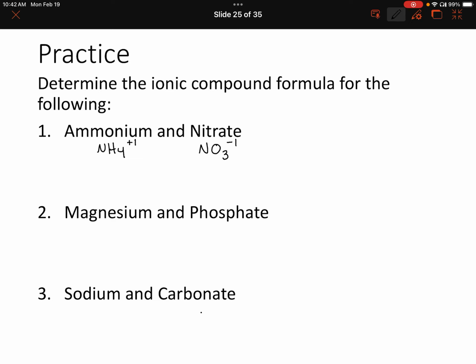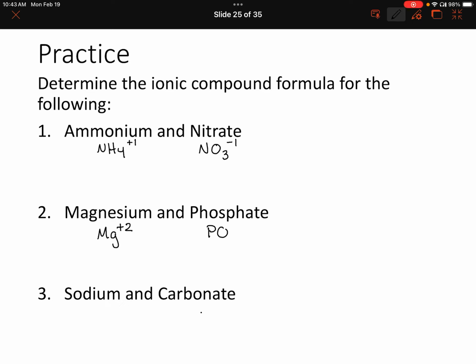Magnesium. What charge does magnesium have when it's an ion? So remember, magnesium is in column 2 or group 2. So it has 2 valence electrons, and it wants to lose those 2 valence electrons to become like a noble gas. So if it loses those 2 electrons, it's going to have a positive 2 charge. And then phosphate is a polyatomic ion, whereas magnesium was a monatomic ion.